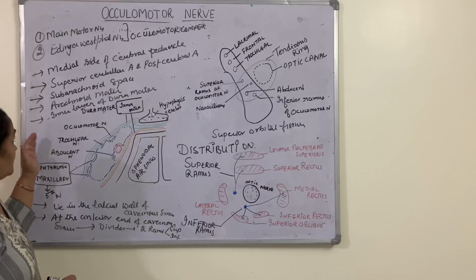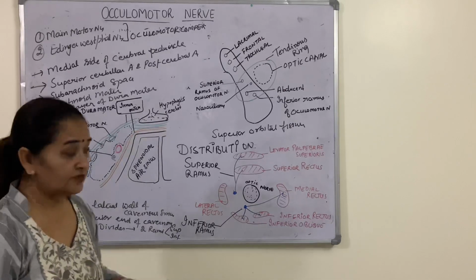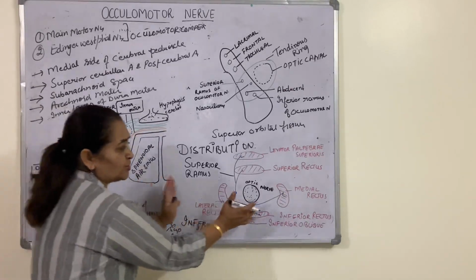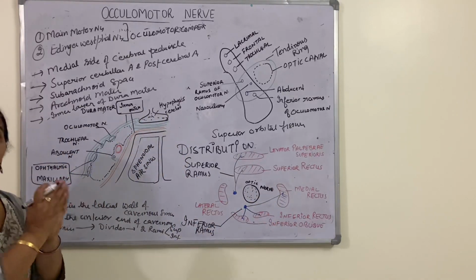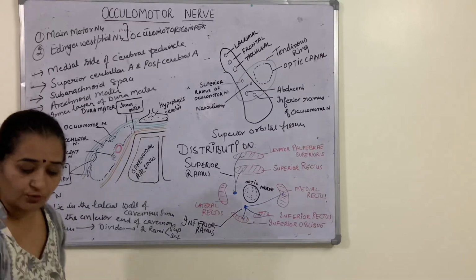Now these fibers which are going to supply the muscles of eyeball are basically the fibers coming from the main motor nucleus of the oculomotor nerve.